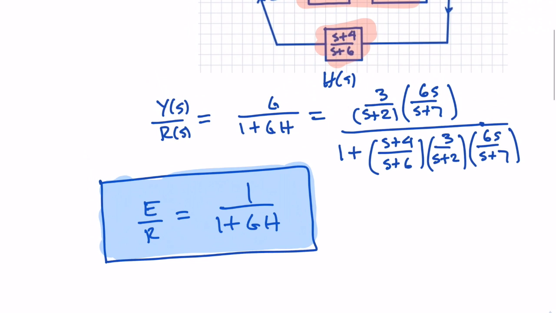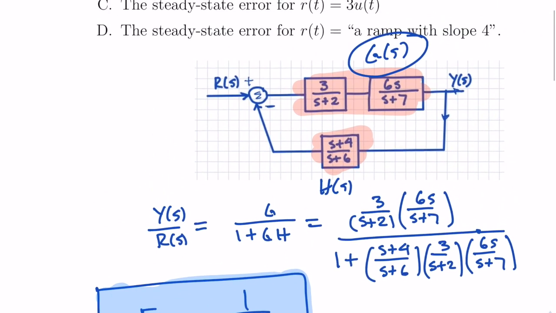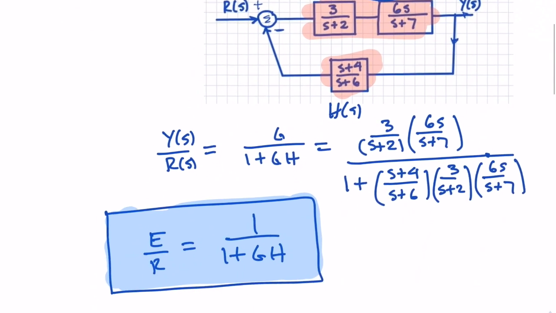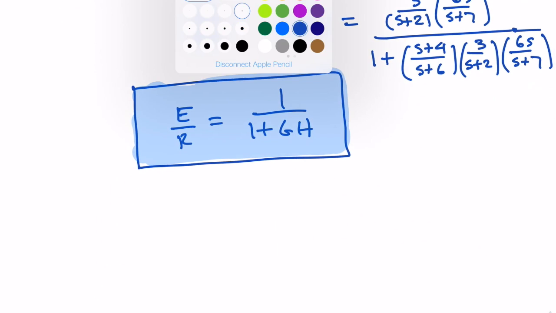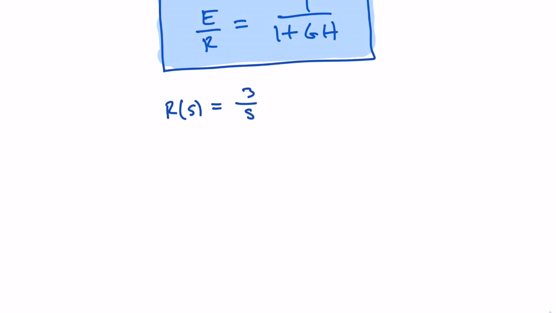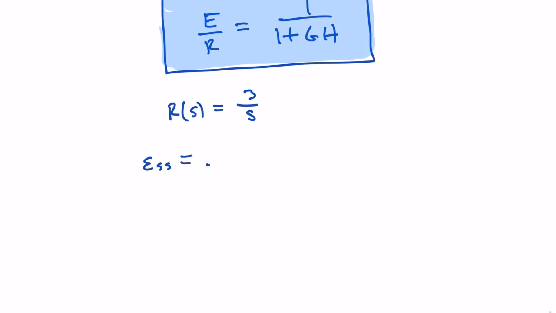In part C, we asked for the steady state error for a step of amplitude 3. What that means is that R of S is 3 over S. We can get to steady state error by looking at the limit as S goes to 0 of S E of S. Remember, that's the final value theorem for the error signal.